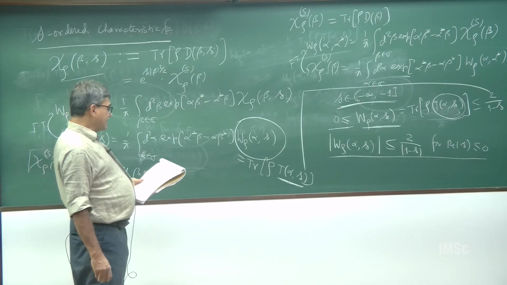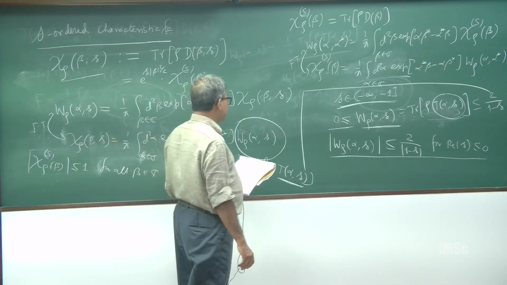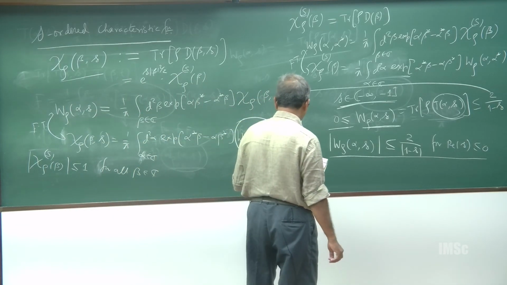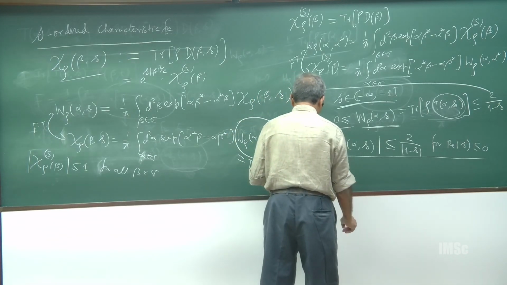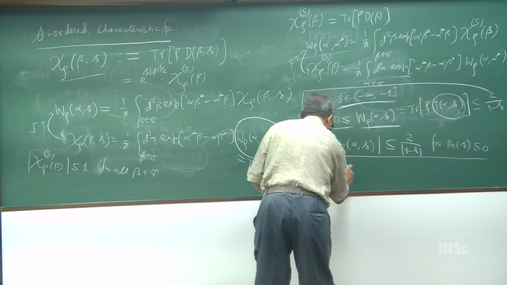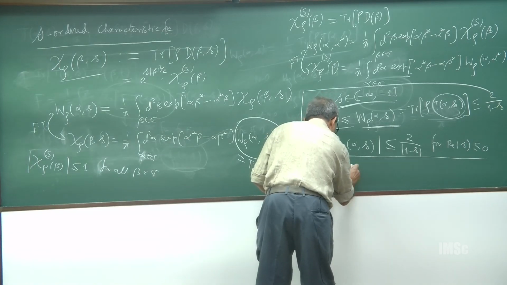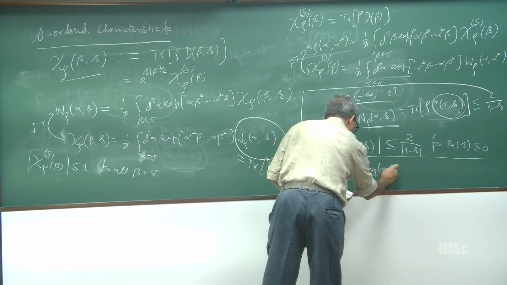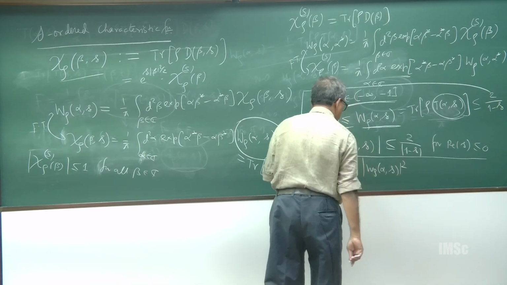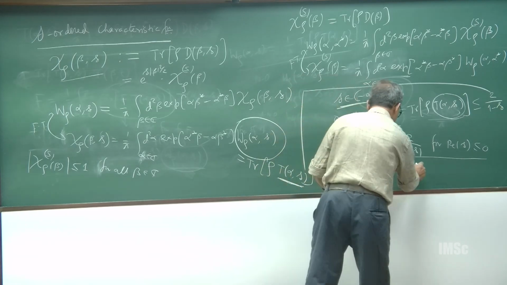And also this is true that 1 upon pi, integral over alpha belonging to C, d square alpha, mod square of rho alpha s, is less than or equal to 1.